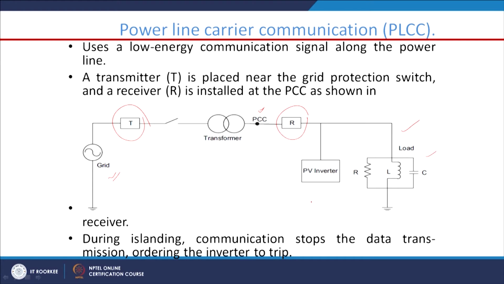Now, when this grid is disconnected, the transmitter sends a message to the receiver that the grid is disconnected, then the inverter controller will shut down this PV system, so that no current is supplied from this PV system to this load. That is the meaning of this power line carrier communication based technique.